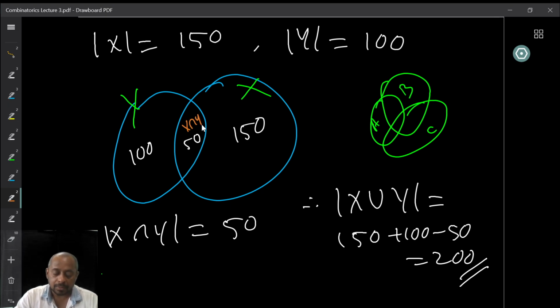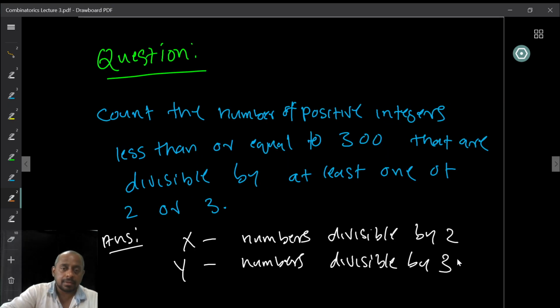They are the ones divisible by 6. And therefore these numbers have been counted as part of x and as part of y. So we have counted them exactly twice, and we can subtract that. So I get the cardinality of x union y is 150 plus 100 minus 50, which is 200. Now this is something that all of you know already.